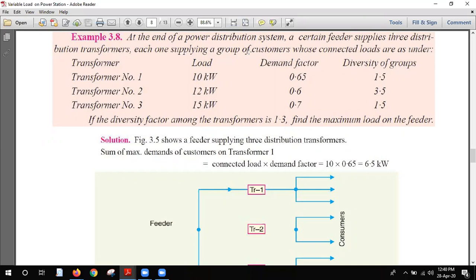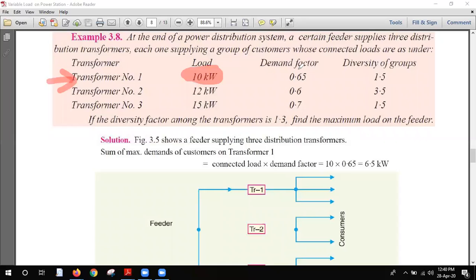So there are some values given for transformer 1. In transformer 1 you can see that the connected load is 10 kilowatt for all the people.